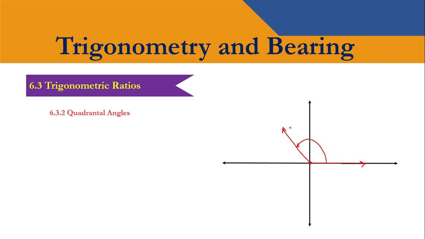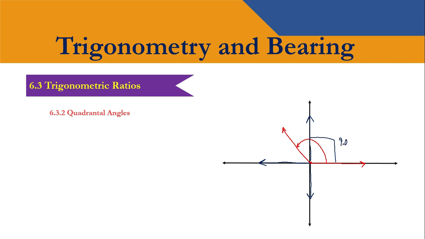But if our terminal ray coincides with an axis, either on the y-axis here, or on the x-axis, or on the negative side of the y-axis, then the angle between the initial ray and the terminal ray is known as the quadrantal angle.